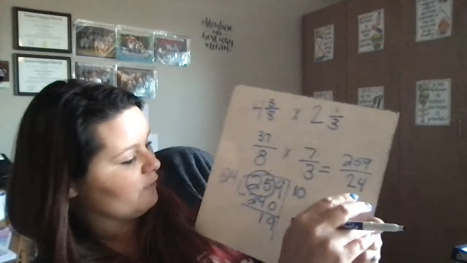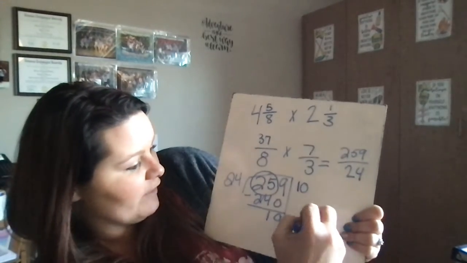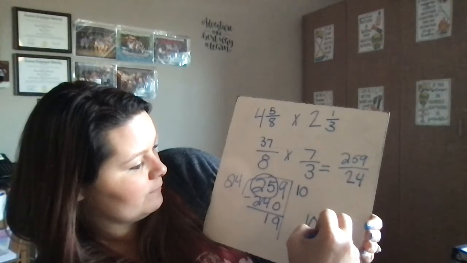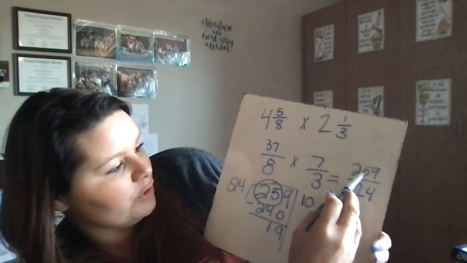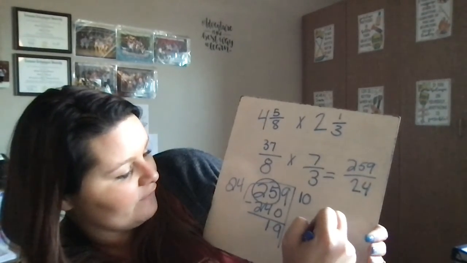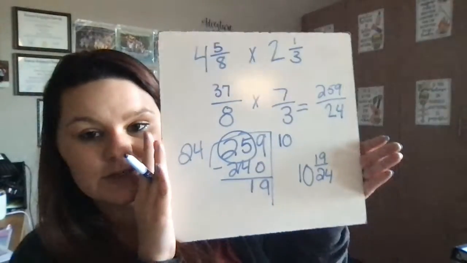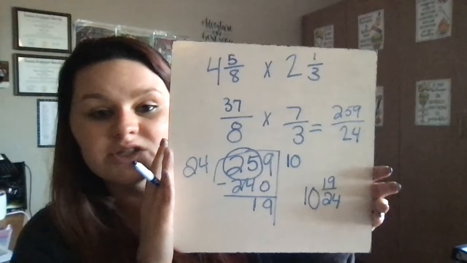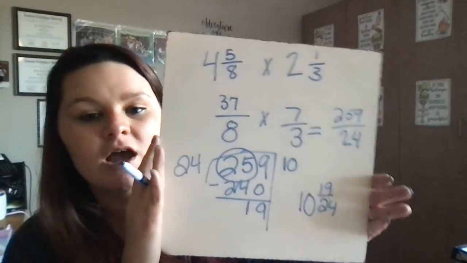We're just simplifying. So this is going to simplify to 10 and 19/24. So 259 over 24 is equivalent to 10 and 19/24. And so that's how you multiply a mixed number times a mixed number. You change them to improper fractions first and then multiply across.